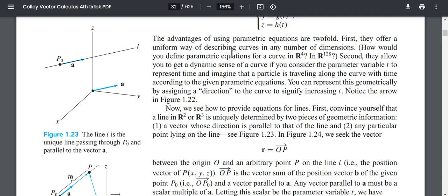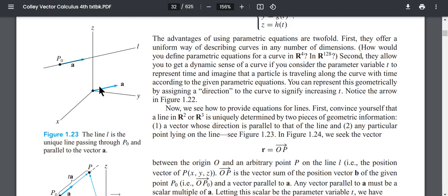Here we're only going to be given 1 point, but we are, of course, going to be given another piece of information, because if we were just given 1 point, there's not a single line that passes through this point. So just being given a point is not going to get us anywhere near getting the equation for a line, because there are many different lines. So what else are we going to be given? We're going to say we want the line that goes through the point, for example, this point P0, and is parallel to a given vector.